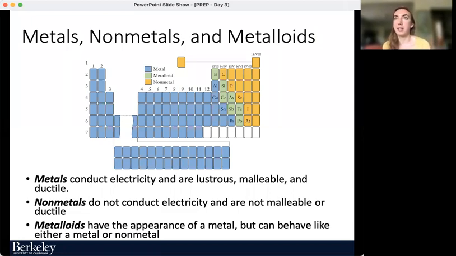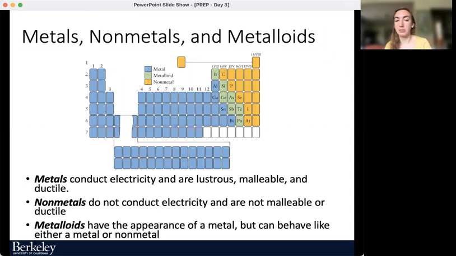So for example, they might be shiny and look like a metal, but really brittle and really bad at conducting electricity. So like I said, I wouldn't get too caught up in exactly what the properties of boron or whatever are, but just be aware that on the left, we have metals, on the right, we have non-metals, and then somewhere in the middle, we kind of transition between the two of them with some elements that are ambiguous.